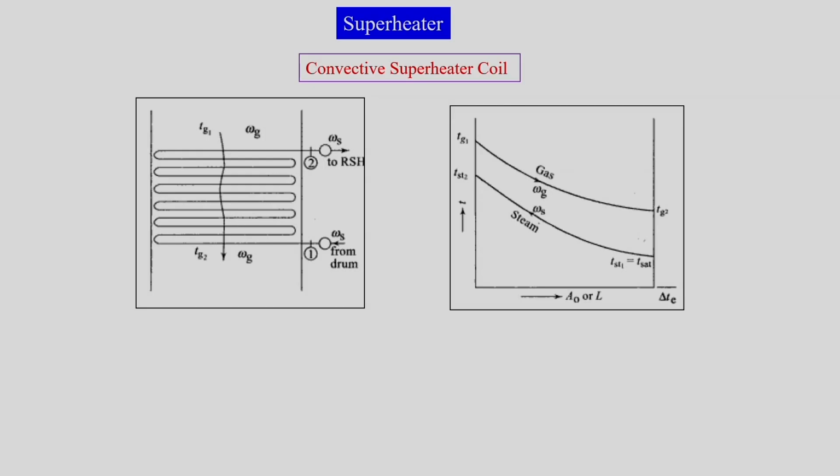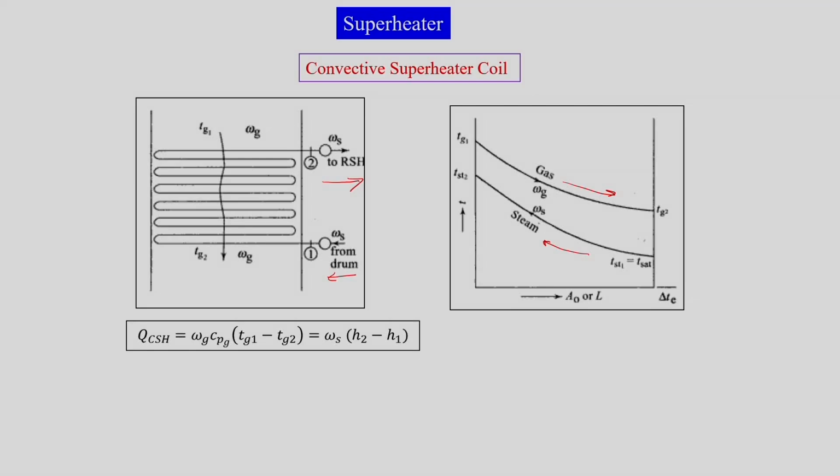Again we can use a similar philosophy for the superheater, where the steam coming from the drum will enter the superheater, which is a convective superheater, and it will go to the radiative superheater. In this phase the steam would rise in temperature, since it is receiving sensible energy and sensible heating, and then the flue gas will reduce its temperature.